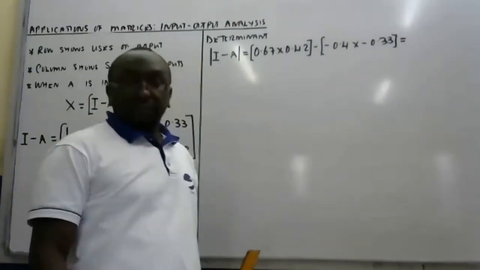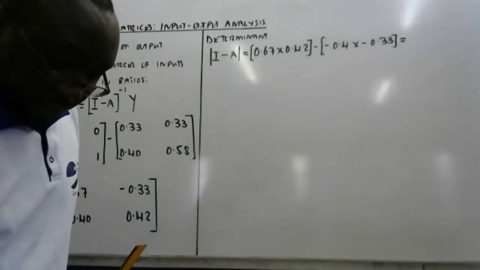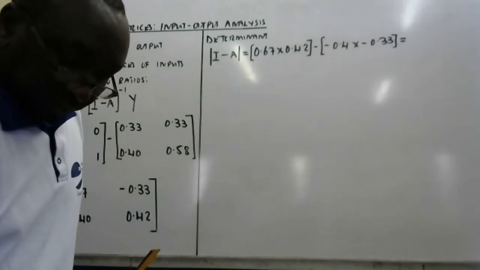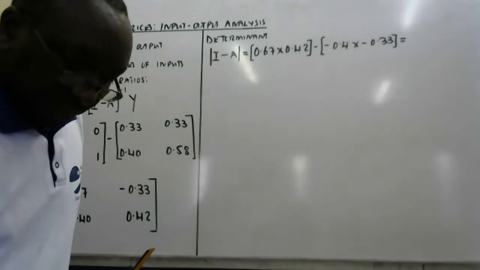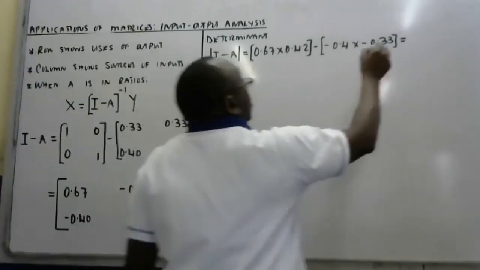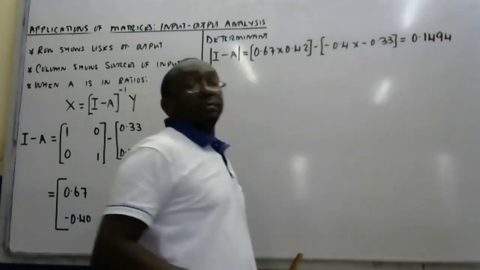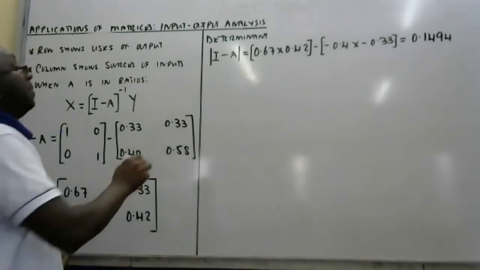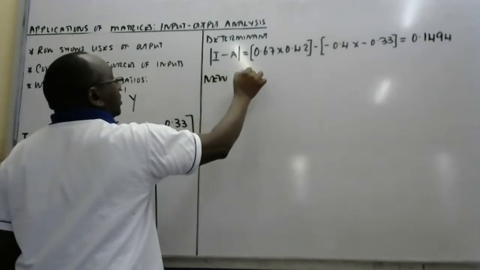If you take a calc, you will find 0.1494. That's the determinant.